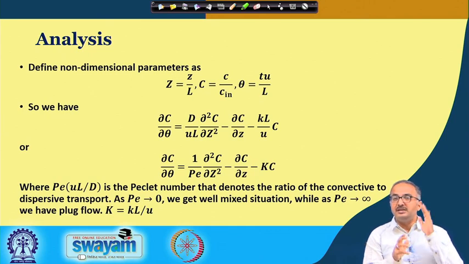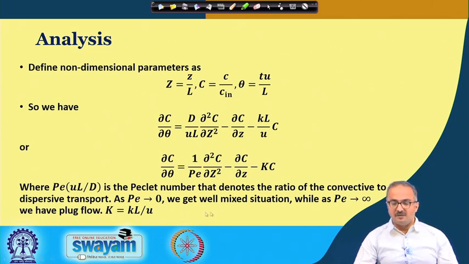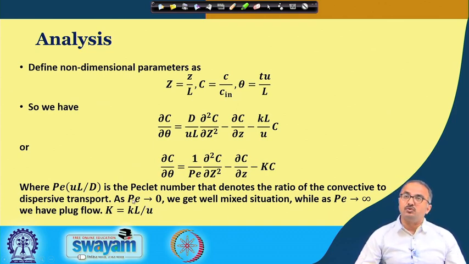So, when D is much higher than the convection, the Peclet number goes to 0. On the other hand, when the diffusivity is very small compared to the convection, the Peclet number tends to infinity, and that gives us a plug flow situation. So, these are the two extreme conditions for the Peclet number.